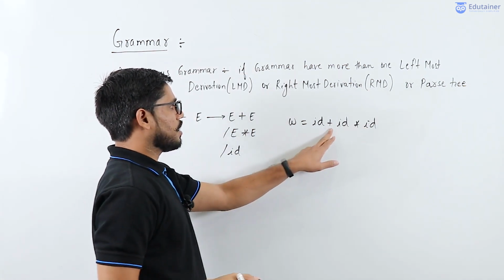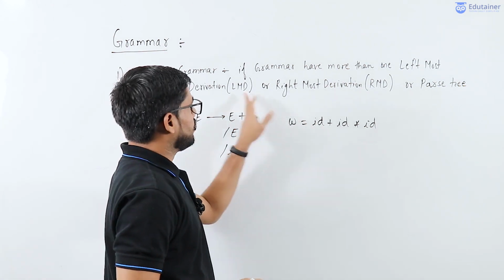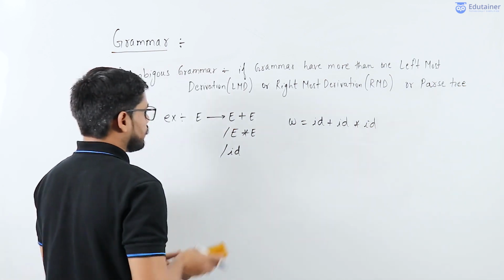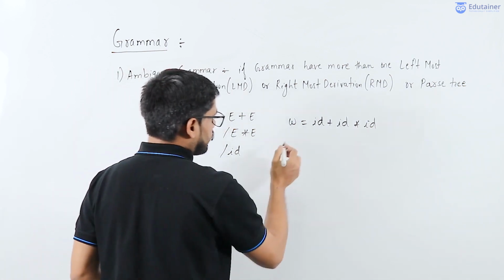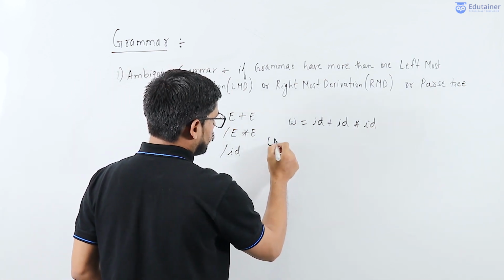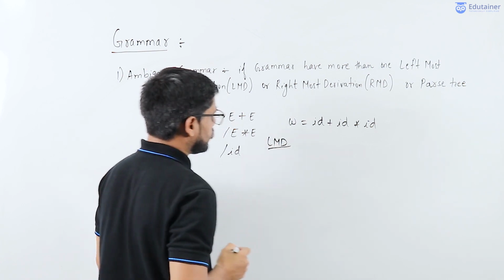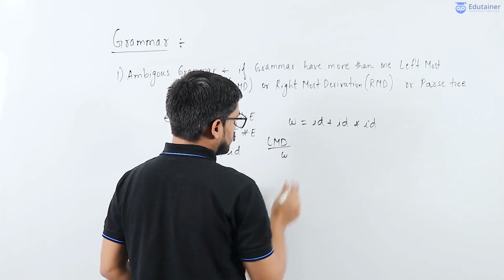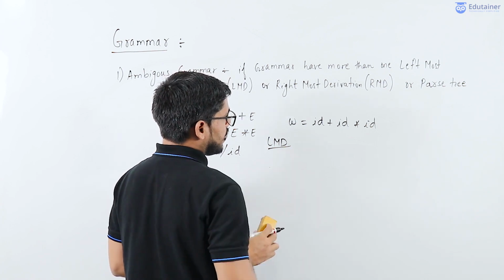Can this string have more than one LMD, or more than one RMD, or more than one parse tree? Let's check it out. So first I have to test for LMD, leftmost derivation. So W is equal to ID plus ID into ID.